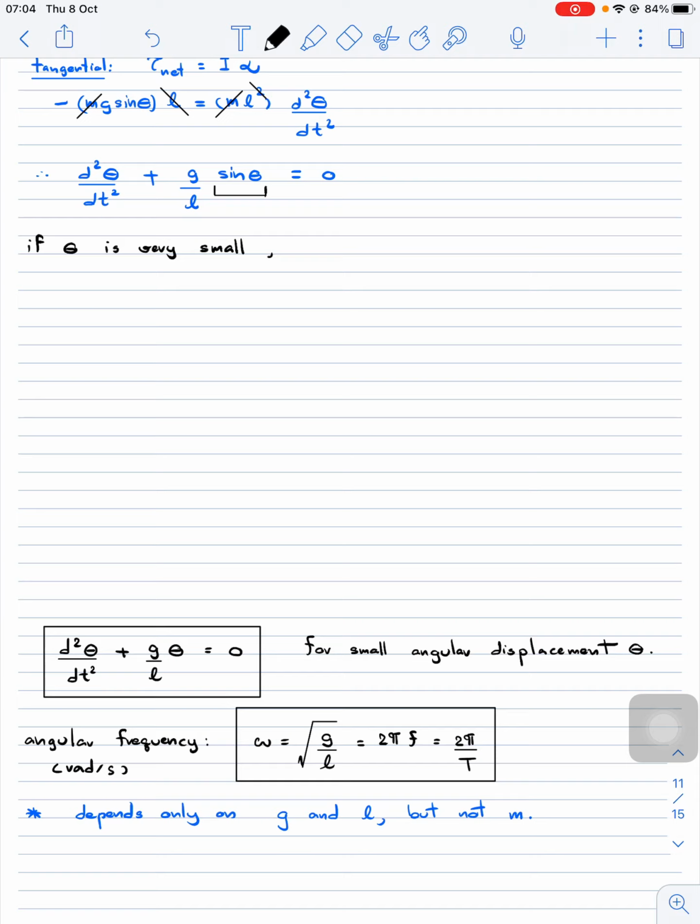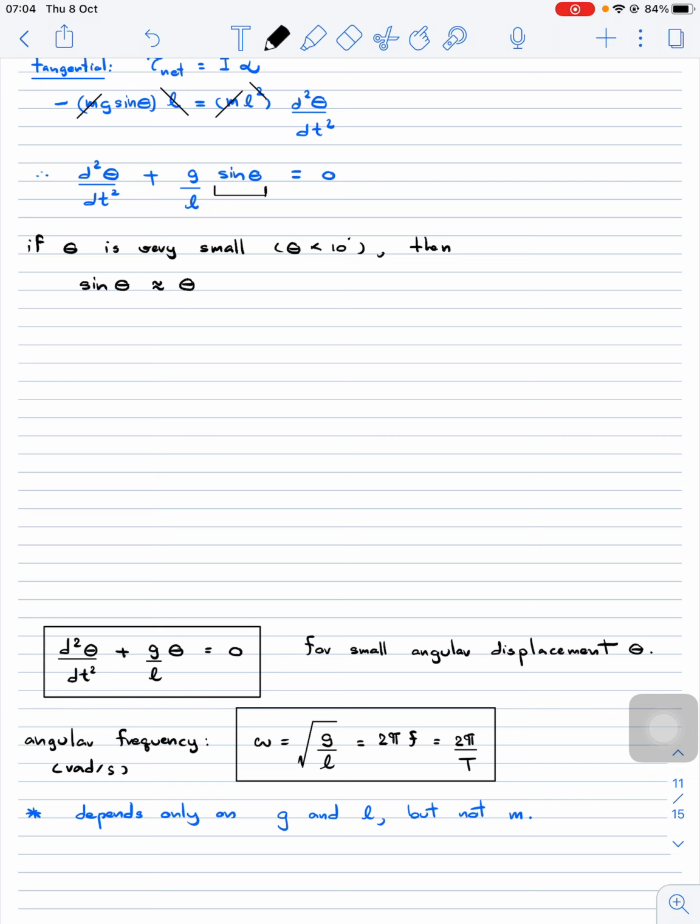We can say that if theta is less than about 10 degrees, then we can approximate the sine theta as just about the theta.